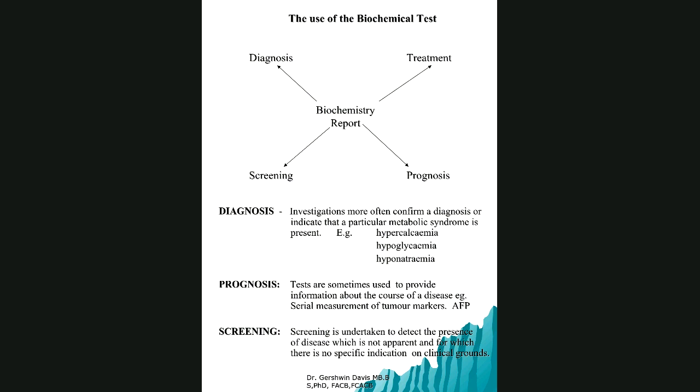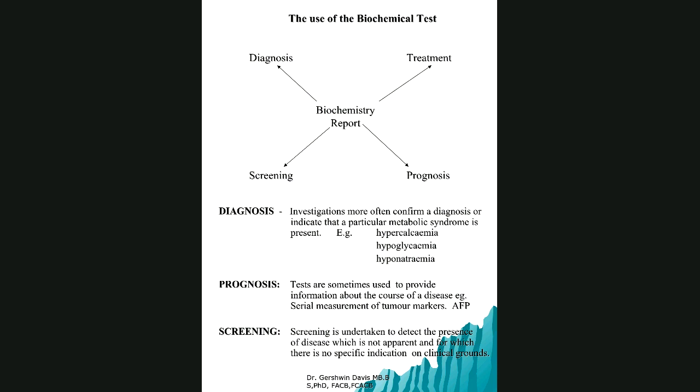Diagnosis: almost any test can be used for diagnosis. Prognosis, key one, tumor markers. Tumor markers are not used for diagnosis, they're used for prognosis. A typical scenario which I always mention: if you have a malignancy, your tumor marker is at a certain level, then you have some intervention, and once you have the intervention, the tumor marker level is going to come down, whether that intervention is surgery, chemotherapy or radiotherapy.